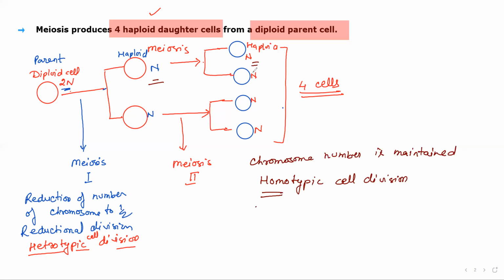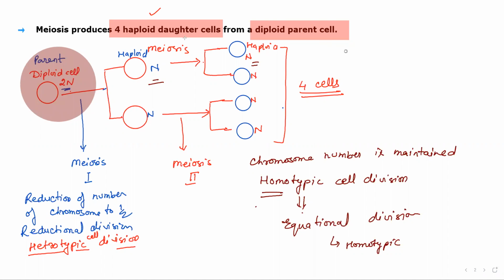Hence, it is also called equational division. Equational division, homotypic. So in this way, 4 haploid daughter cells are formed from a diploid parent cell.